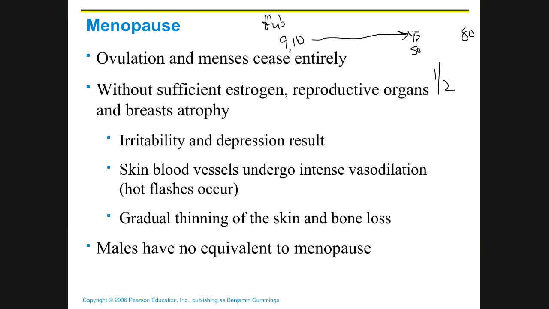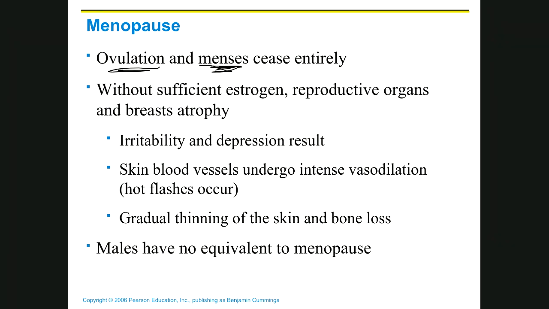But at some point, the hypothalamus is going to stop releasing GnRH. And with no GnRH, you're not going to have any FSH or LH. And so the ovaries are going to cease to function. There's not going to be any more ovulation. Since we don't have any more estrogen or progesterone, we're not going to have the thickening of the lining, so we're not going to have menses when it drops off.